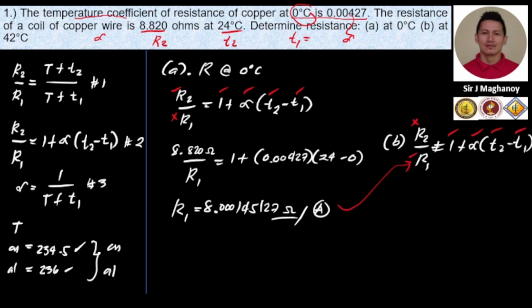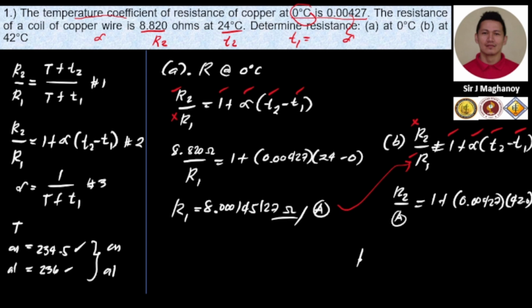Okay, let's substitute the given. So we have our R2 all over our alpha A, since we solved it for R1 and stored it on alpha A, equals 1 plus our temperature coefficient, which is given, 0.00427, times 42 final temperature minus 0.